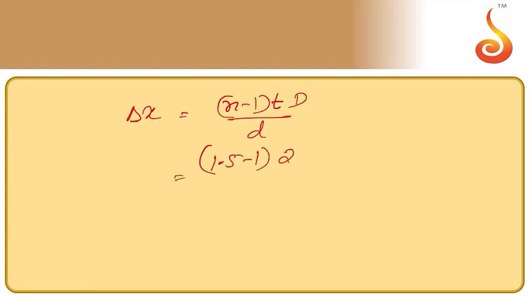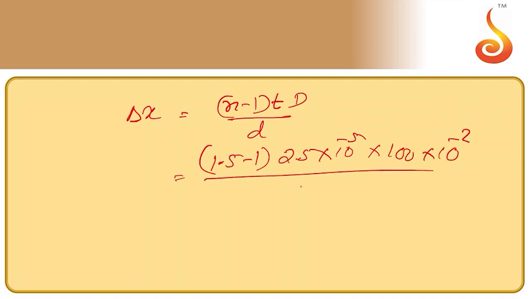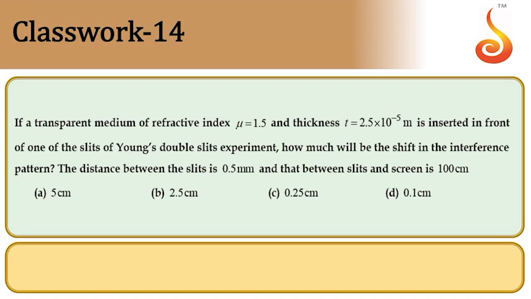So the shift delta x is given by (mu minus 1) into t into D divided by d. 1.5 minus 1 into t, 2.5 into 10 to the power of minus 5 into 100 into 10 to the power of minus 2 whole divided by 0.5 into 10 to the power of minus 3. And it simplifies to 2.5 centimeter. So 2.5 centimeter is the shift.